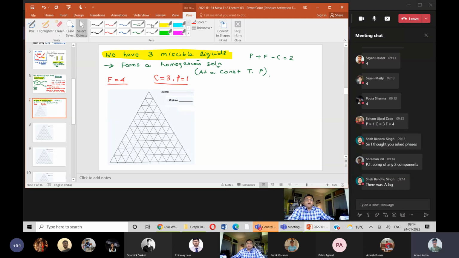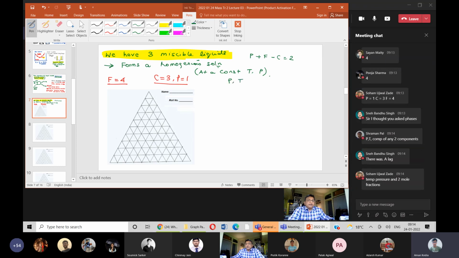Very good. So, in order to fully define a system, you need to define pressure, you need to define temperature, and maybe XA and XB. Right? Two compositions need to be independently specified.